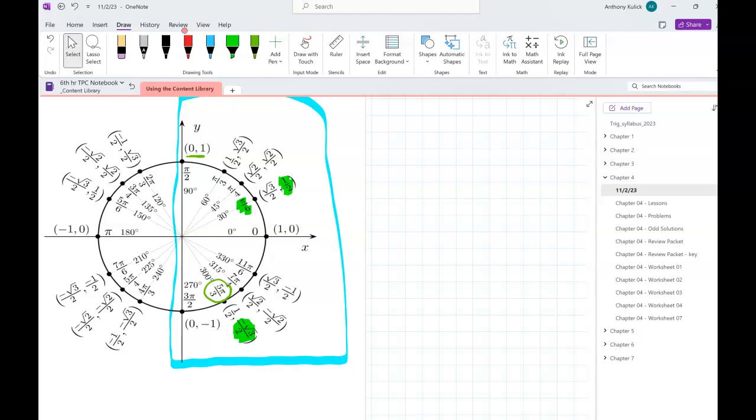All right. How many trig functions have we talked about so far this year? 6. How many inverse trig functions have we talked about? 1, just sine inverse so far. Let's talk about cosine inverse and tan inverse right now, and we'll talk about the other ones a little bit later.